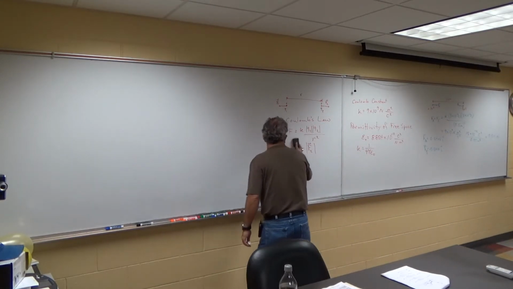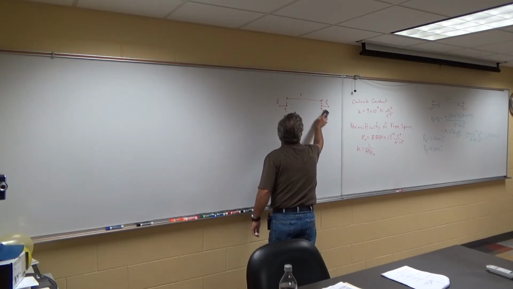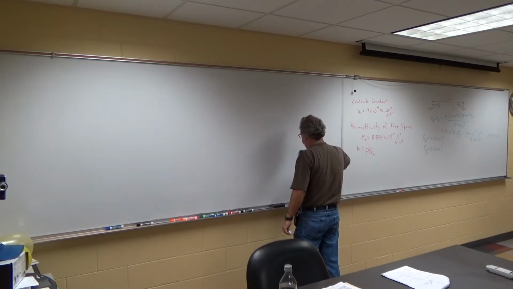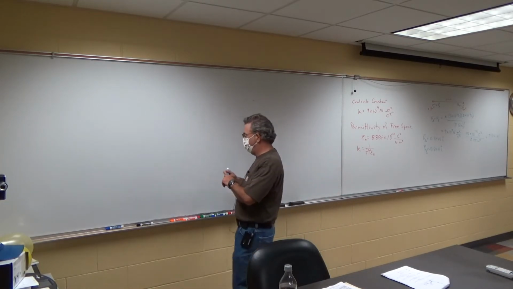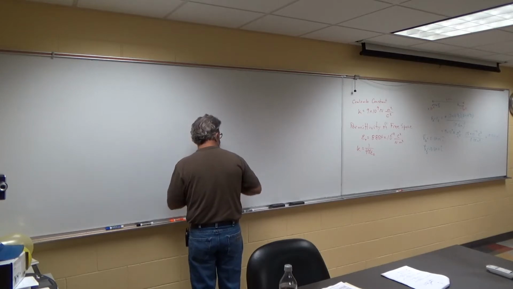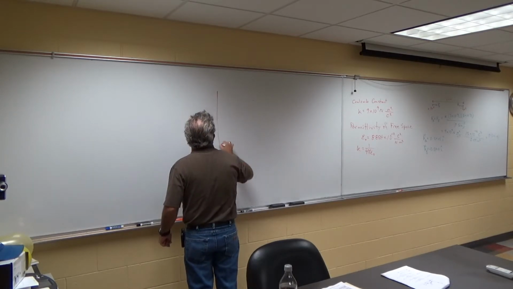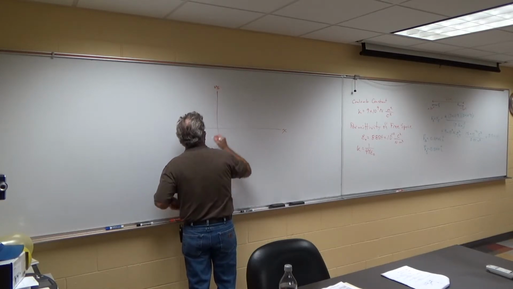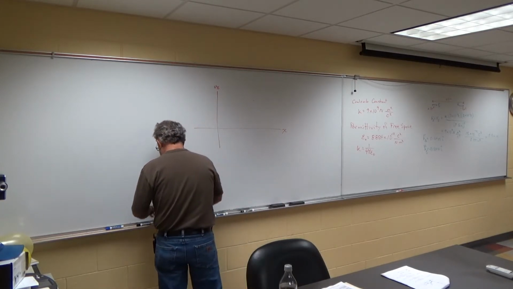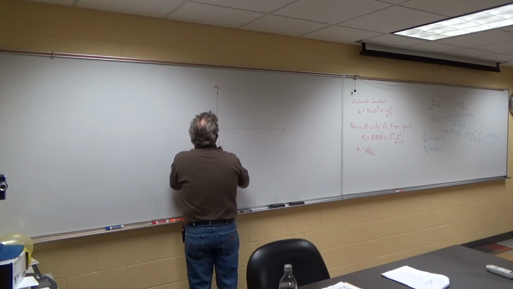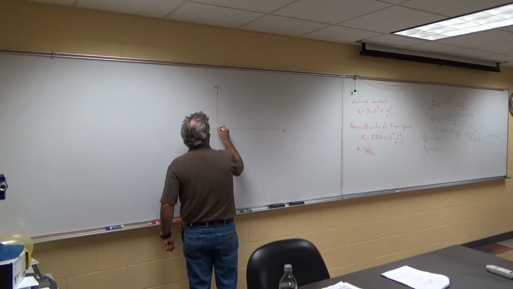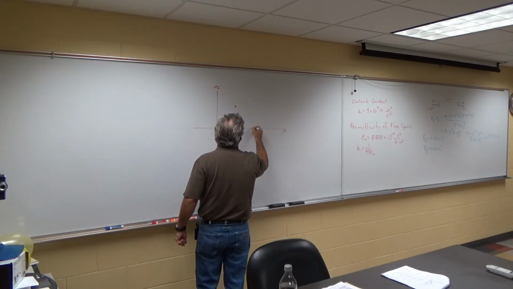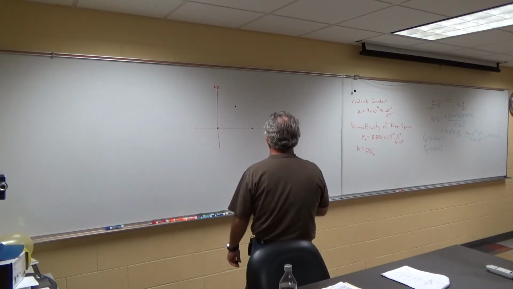Let's say we have three charges arranged in an equilateral triangle, or on an equilateral triangle. So here's the XY plane. Here's Q1. Here's Q2. Here's Q3. That's not too bad.